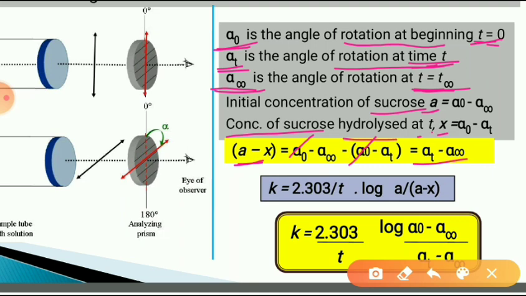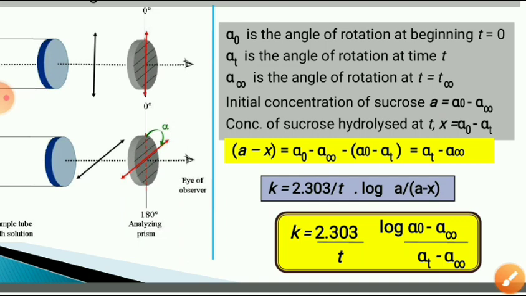Now if you consider the first order integrated rate equation, that is k equal to 2.303 upon t log of a upon a minus x, and put in the values of a and a minus x, we get the equation k equal to 2.303 upon t into log of alpha 0 minus alpha infinity divided by alpha t minus alpha infinity.